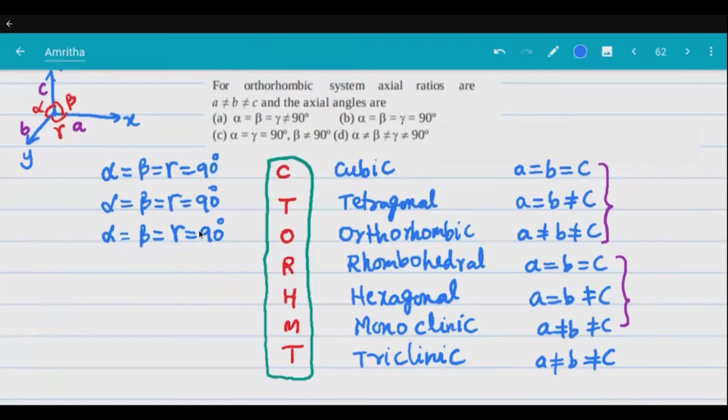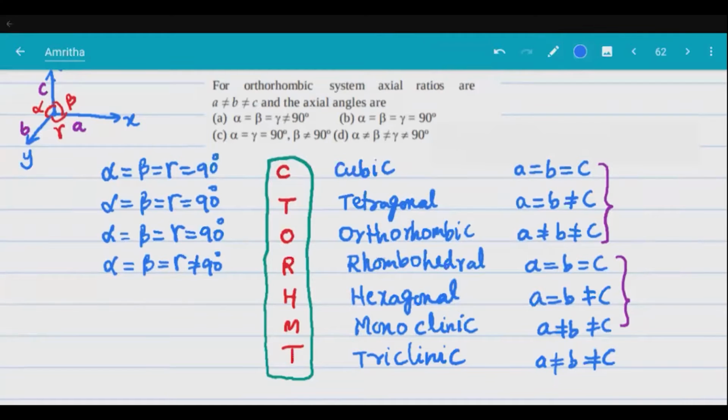But look at rhombohedral: alpha, beta, gamma are all equal, no doubt, but the angle is not 90. It can be 60 degrees or anything else, but all of them are equal and not equal to 90 degrees.